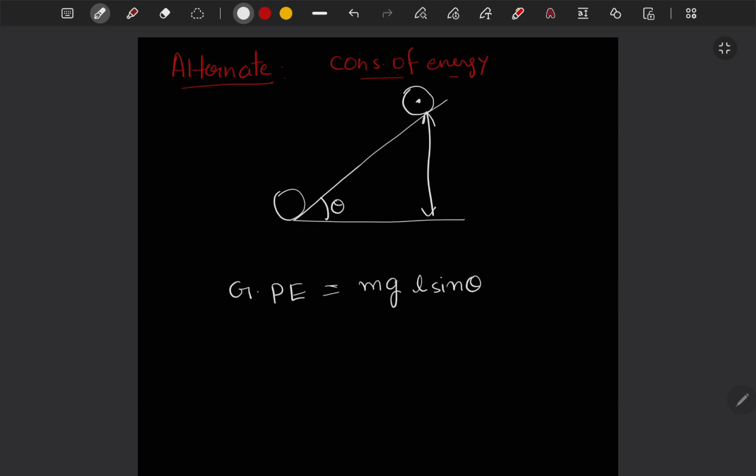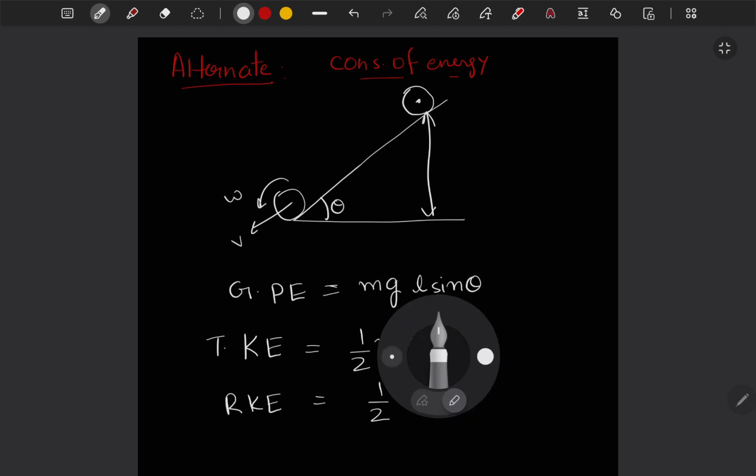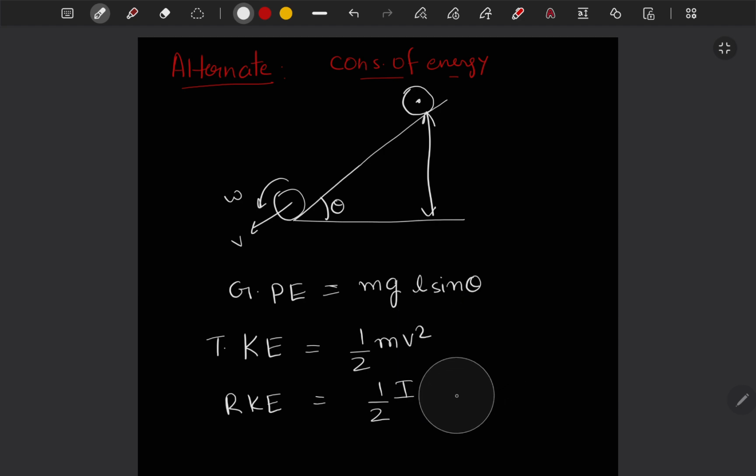When it reaches the bottom, it will have translational kinetic energy and also rotational kinetic energy, which is half I omega square. If this is v and this is omega, we have the relation omega equals v by r.